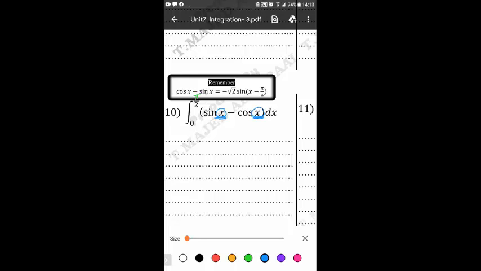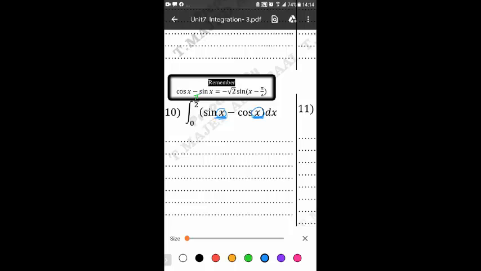Cosine minus sine is equals negative root 2 sine x minus pi over 4. Okay? It is a rule. Okay, you will say, how will I remember this during the exam? Okay, it's just this rule. Just keep this rule in your mind. Okay? There is no other thing. You got it?